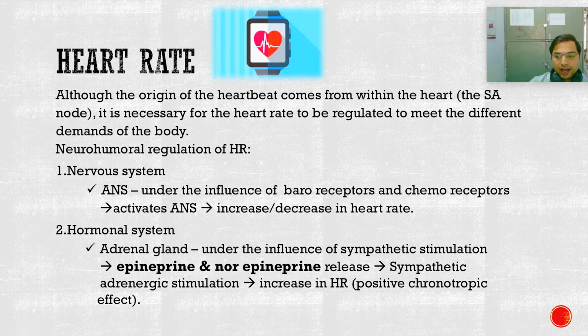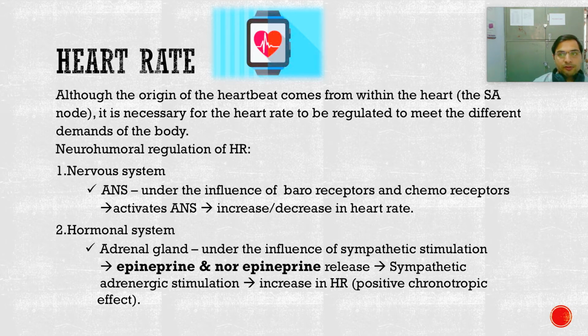Next is the heart rate. The heart beats at a regular pace of between 60 to 100 in a healthy individual. However, this rate is not fixed. The body needs to change this heart rate in order to meet the different demands of the body.